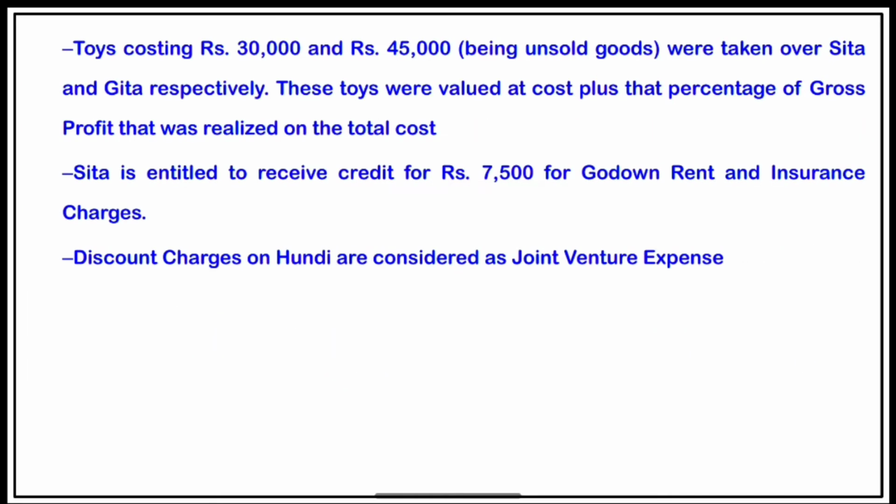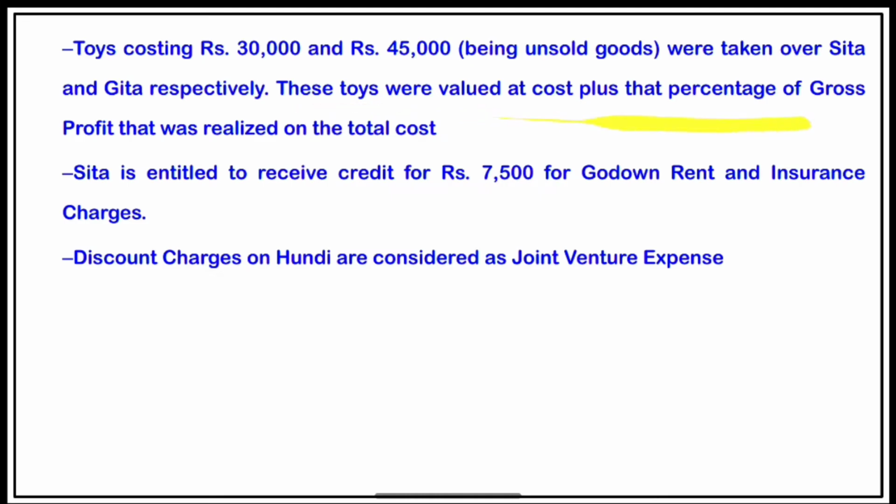Toys costing rupees 30,000 and 45,000 being unsold. વેચાયા વગરના કંઈક ટોયસ છે, 30,000 and 45,000 were taken over by Sita and Gita respectively. એટલે 30,000 unsold toys Sita લઈ જાય છે, 45,000 unsold toys Gita લઈ જાય છે. Stock taken by partners.